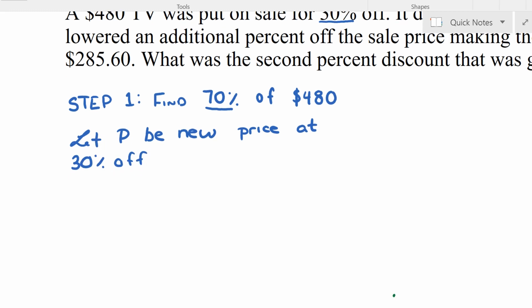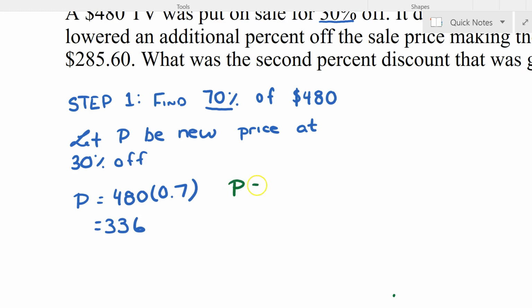So we get P is equal to 480 times 0.7. We get our trusty calculator out: 480 times 0.7, and we get 336. There we go.